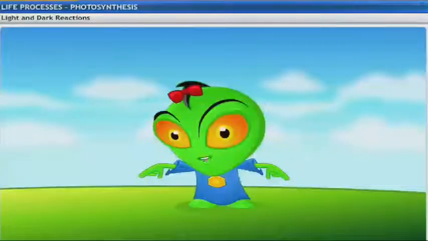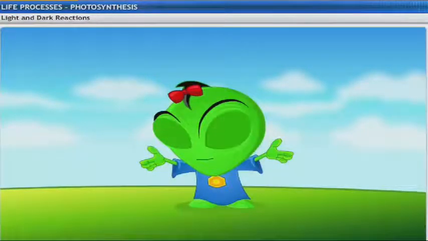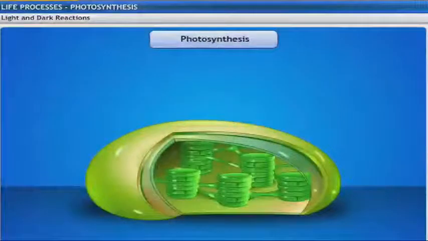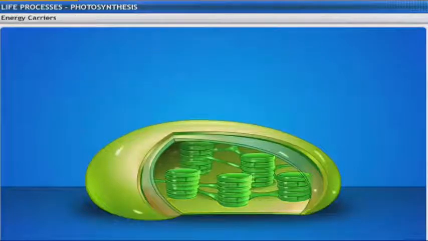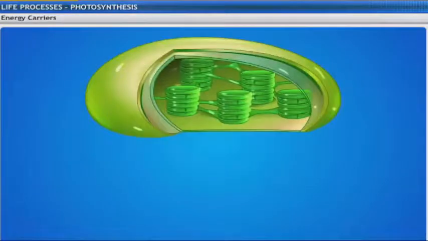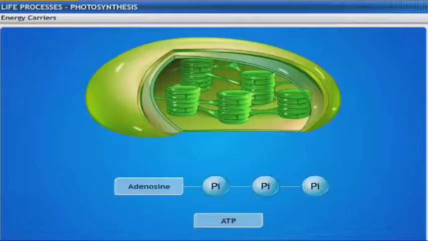Interesting. And how does the process of photosynthesis take place? Photosynthesis involves a series of photochemical reactions that consists of two phases, light and dark reactions. Light reaction takes place in the thylakoids of the chloroplast. Dark reaction takes place in the stroma of the chloroplast. The energy carriers involved in photosynthesis are ATP, adenosine triphosphate, which acts as an energy carrier.